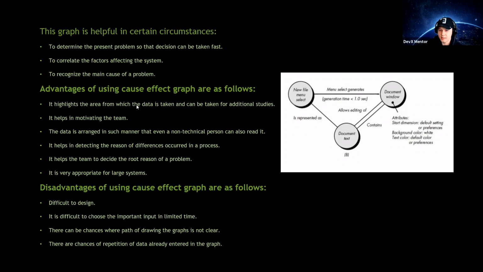It highlights the area from which the data is taken and can be taken for additional studies. So we're going to highlight the areas, study them better, and understand where there can be mistakes and so on.